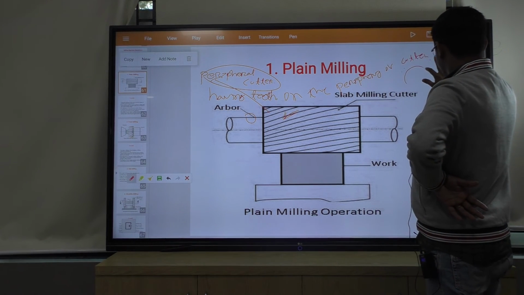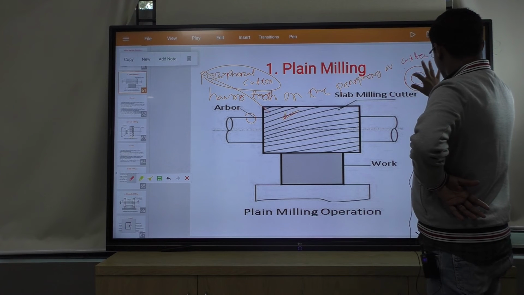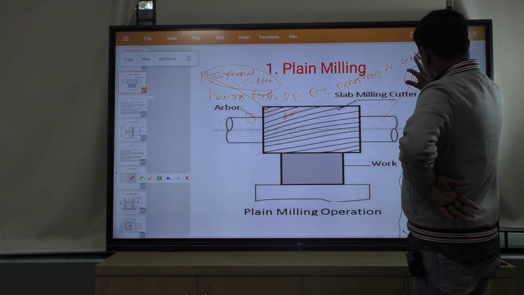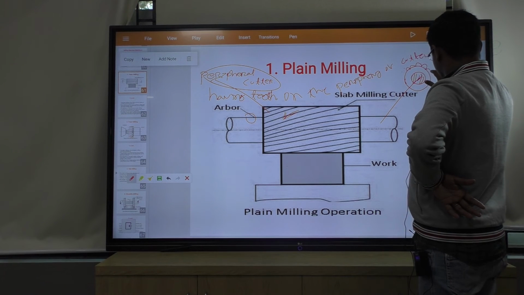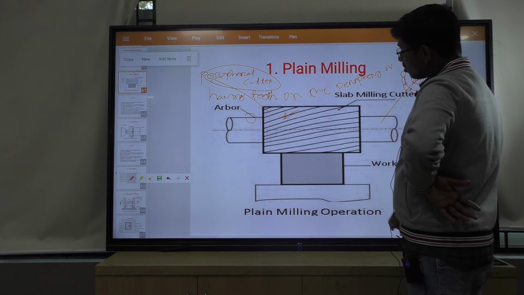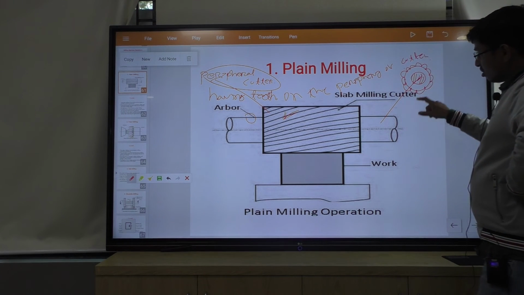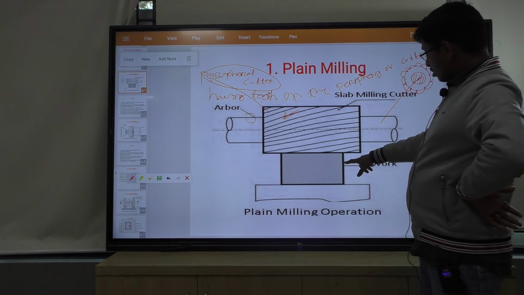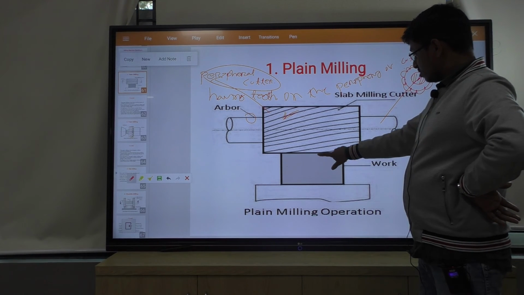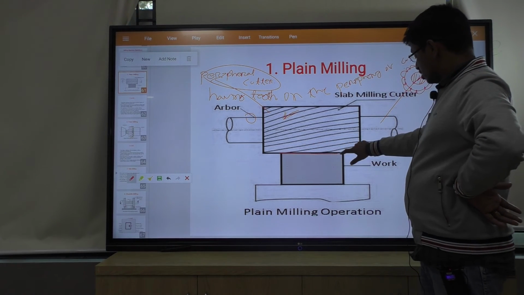If this is the cutter, this is the arbor, and these are the teeth. When these peripheral cutters are rotated against the workpiece, these flat surfaces are produced.